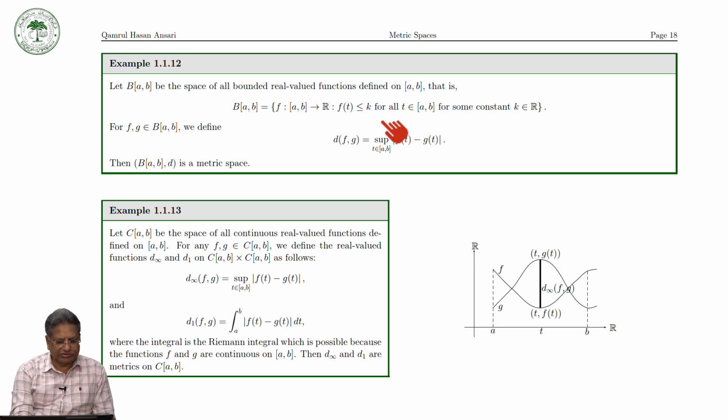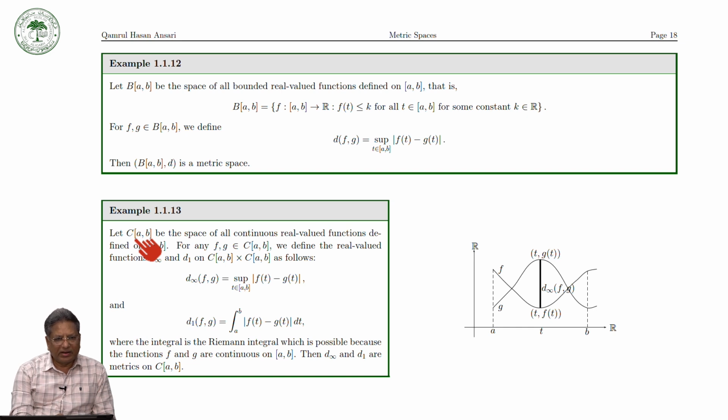Let us denote C[a,b] as the space of all continuous real valued functions defined on the closed interval [a,b]. So C[a,b] is the set of all continuous real valued functions defined on the closed interval [a,b].